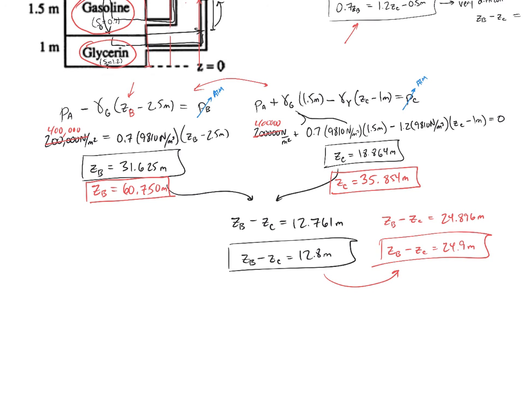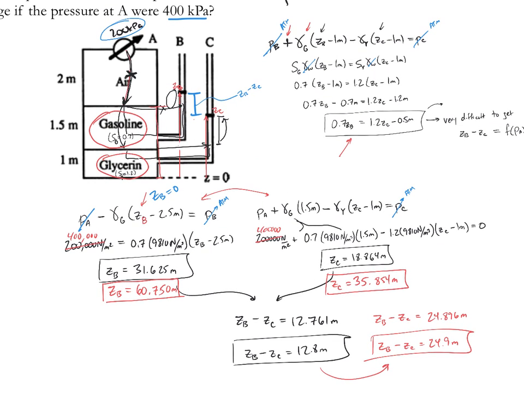Not really sure what would happen there. Let me see, just because I'm curious. If this were 0, then ZB would be 0. That would make sense. So basically, this would be right at that level, as it would have to be.